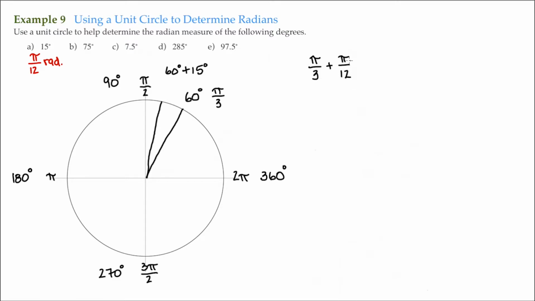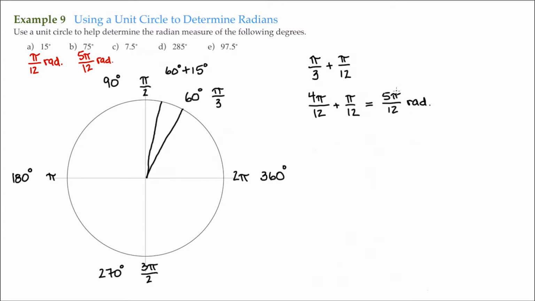In order to add fractions, we have to have a common denominator. So this is 4 pi over 12 plus pi over 12. That's 5 pi over 12 radians. Now we can check this to make sure that 5 pi over 12 radians is indeed 75 degrees.